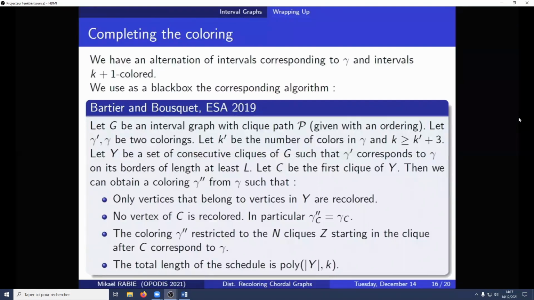And the goal is then to iterate it again and again, because we had gamma prime that was our partial target coloring. And with this tool as a black box, we are able finally to reach the target coloring gamma and conclude.